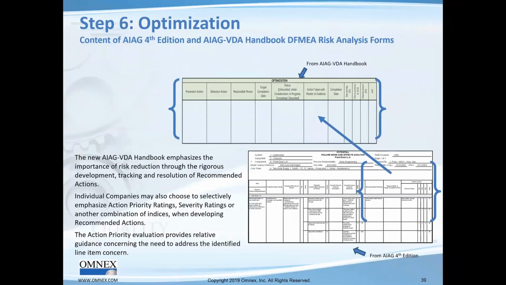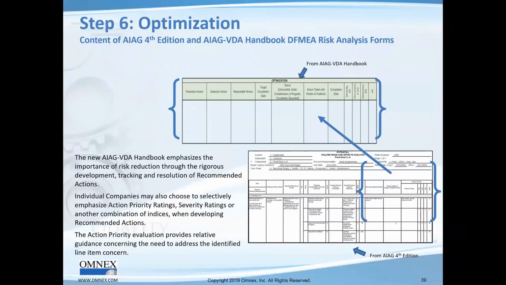So the AIAG VDA Handbook emphasizes the importance of risk reduction. If you look at this optimization, you'll see a number of different columns that have been added. So what does it do? It makes you really say, if you come up with different occurrence and detection numbers, you better have different prevention actions for the occurrence and different detection actions.